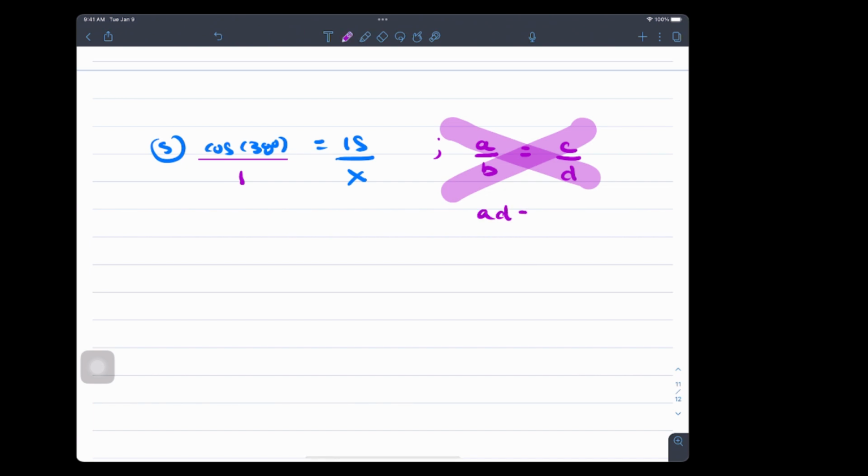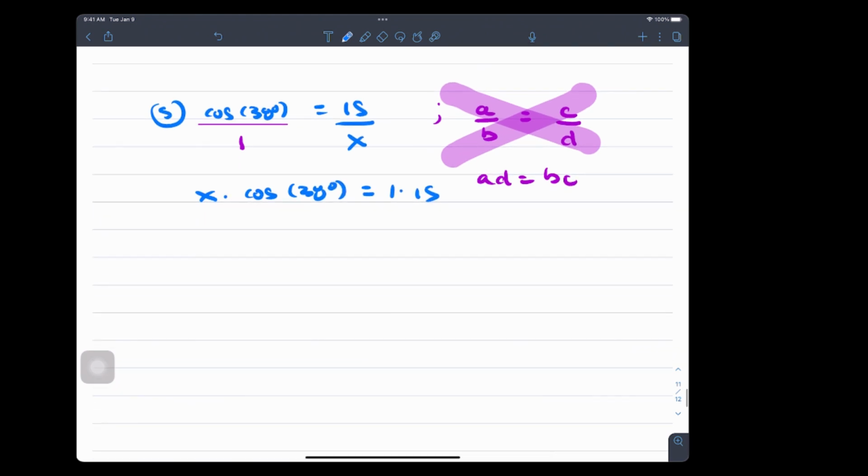You're going to see this again. AD equals BC. So at this point you get x cosine 38 degrees is 1 times 15. Is that true? This is the same exact thing, you'd get the same answer.